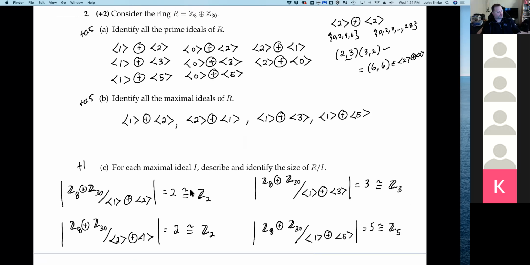All 4 of these are fields. Z2, Z3, Z5, they're all fields. And so we get this factor ring modded out by a maximal ideal forms a field. So I know that these are maximal ideals because of the number of elements that are in the set of all cosets that form the factor ring.